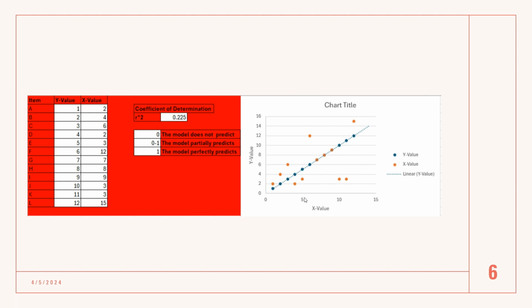So what we can see on the Excel sheet here is, I don't know if you might remember from statistics class, for instance, this could be, say, sit-ups. This could be push-ups.